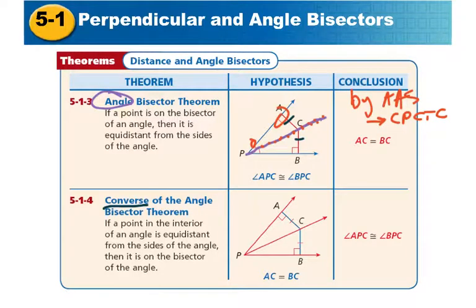So the next, of course, is its converse. So instead of getting the two angles, we are now given those two segments are the same. And so because we're given the two segments are the same, then we can determine that those two angles are congruent.